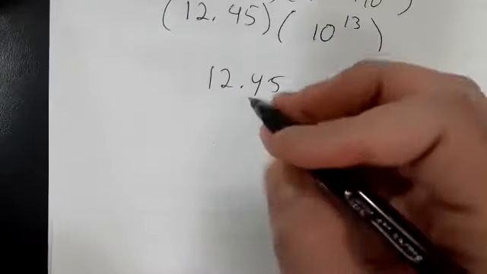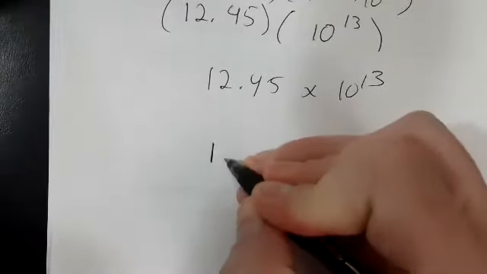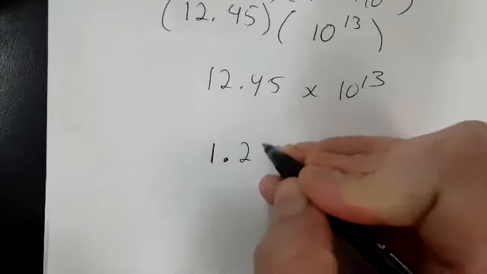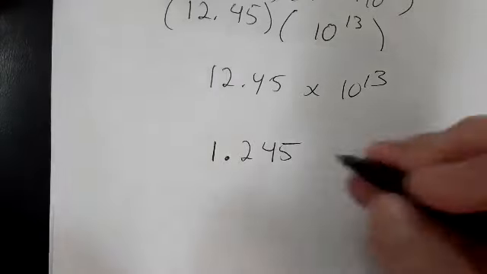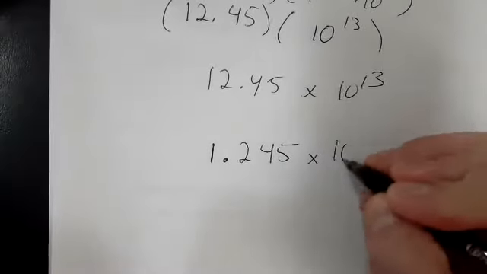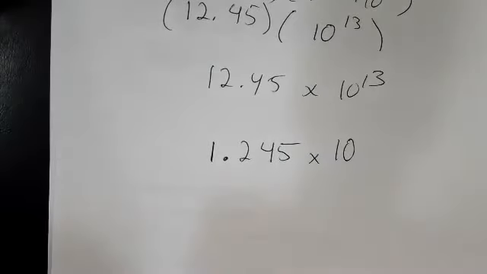So we have to convert this to scientific notation. We have to put that decimal right in front of that one. This is a bit difficult, but this is the way that I think about it.